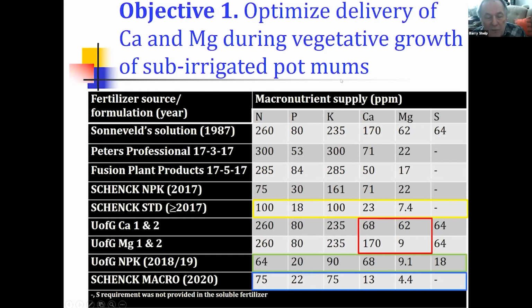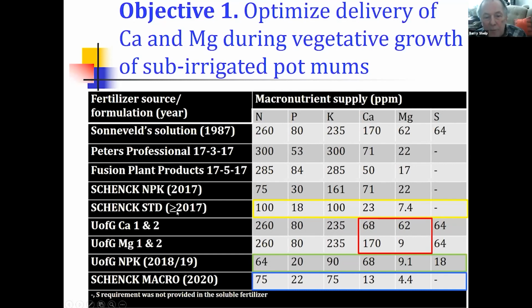And so the first objective was to look at the calcium and magnesium supply. In response to the commercial trial, which I pointed out above, Schenck adopted the MPK, and at that time Schenck was using this Peters Professional fertilizer.